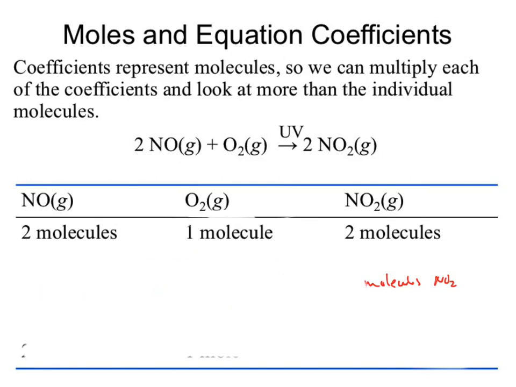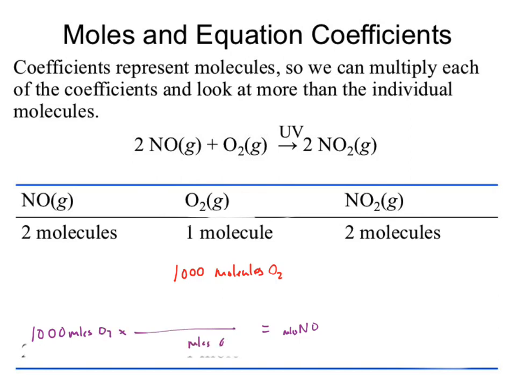New question. I want to figure out now what happens if I give you 1,000 molecules of O2. How many molecules of NO would I need to completely react with it? So what's my solve? I'm trying to find molecules of NO. What am I given? 1,000 molecules of O2.